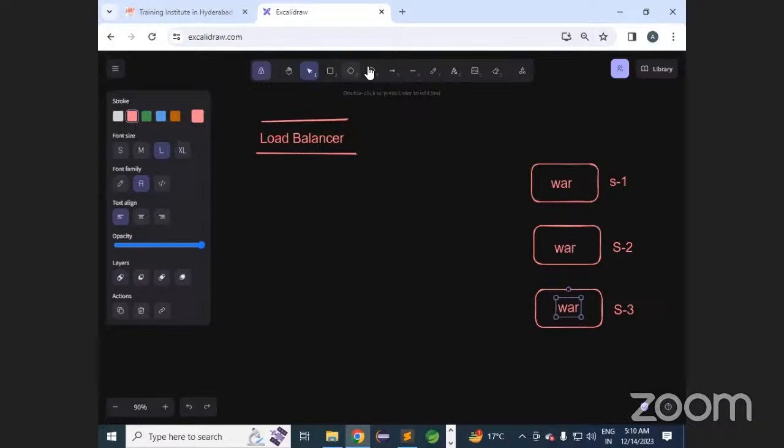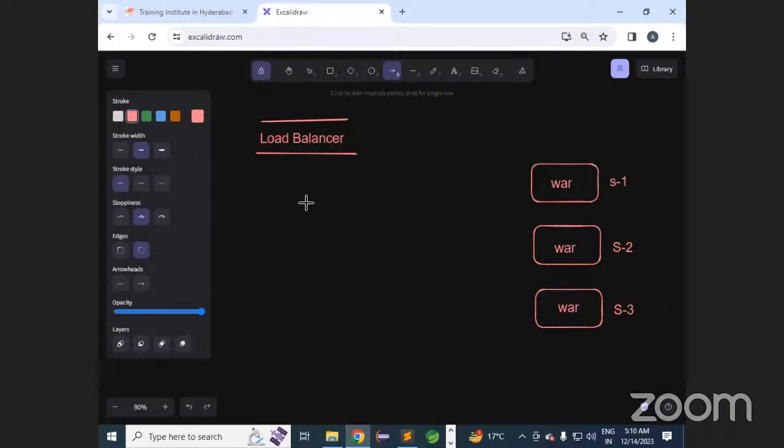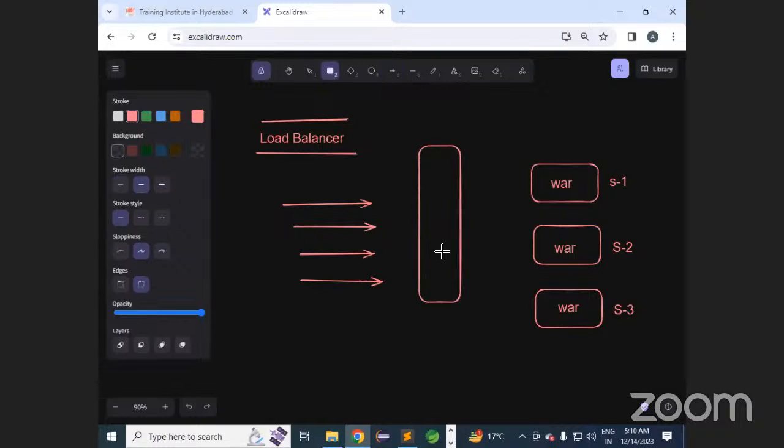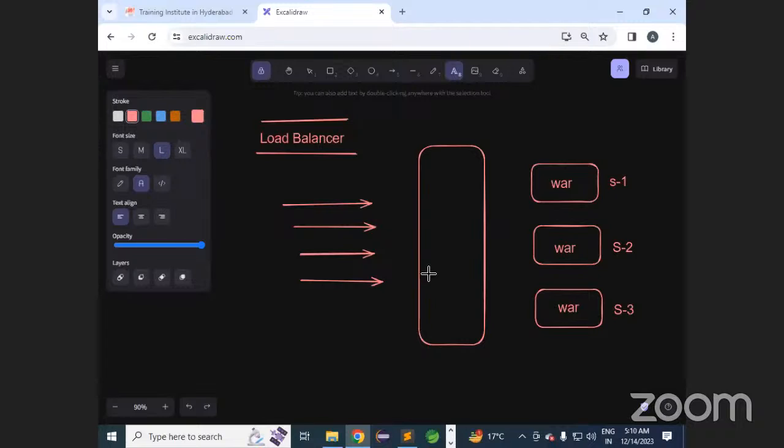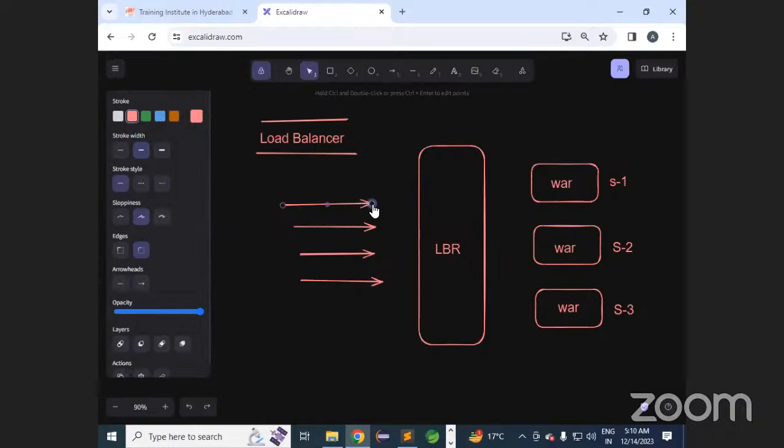Now users are going to access our application. When users are accessing our application, which server should the user request go to? That will be decided by one more server, which is called the load balancer. For every project, this kind of load balancer will be available.